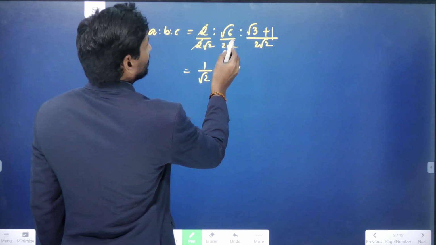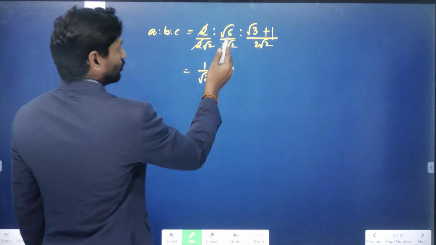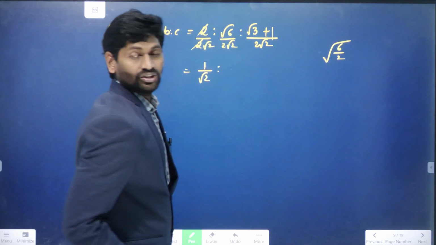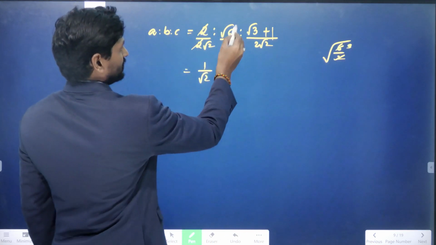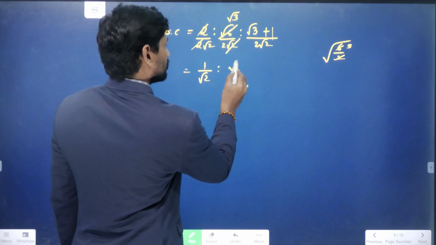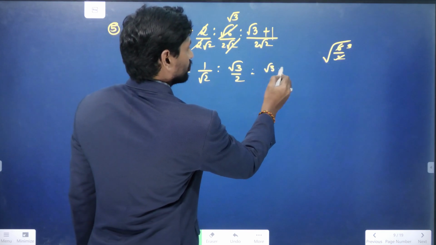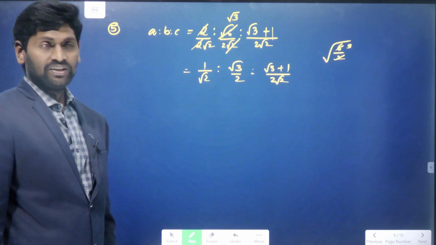Now root 6 by root 2 we can write as root of 6 by 2, which is root 3. So root 3 by 2 is the next value, and the last is root 3 plus 1 by 2 root 2.